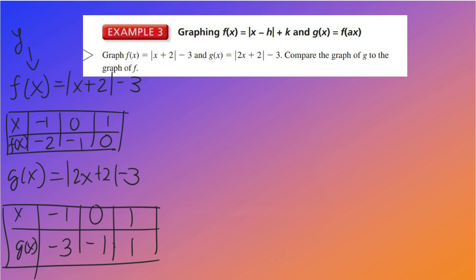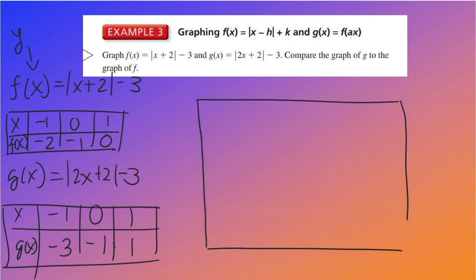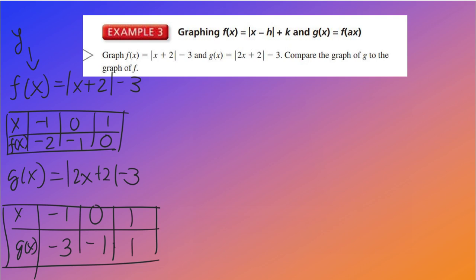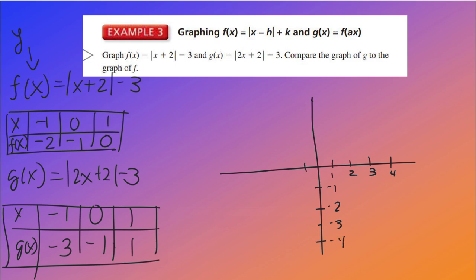I forgot to enter a graph earlier, so a little too late for that. I'm going to graph f first, with axes labeled 1, 2, 3, 4 and negative 1, negative 2, negative 3, negative 4.